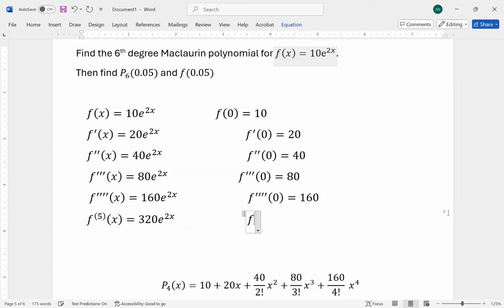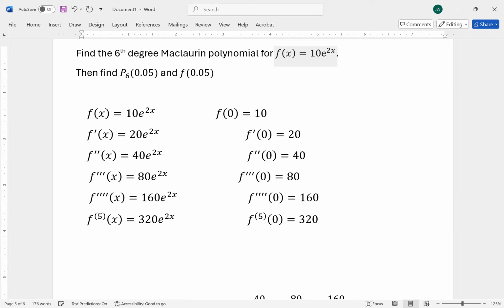And then that fifth derivative when I plug in 0 becomes 320. Pretty obvious what's going to happen with the sixth derivative.